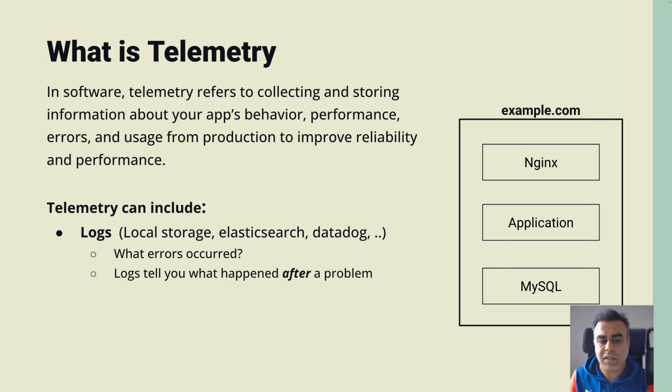The point about the logs is that they just give the information about the errors as soon as they happen, but they don't provide information about the number of requests that our application is serving, or the latency of our application, or how many users are using this service.